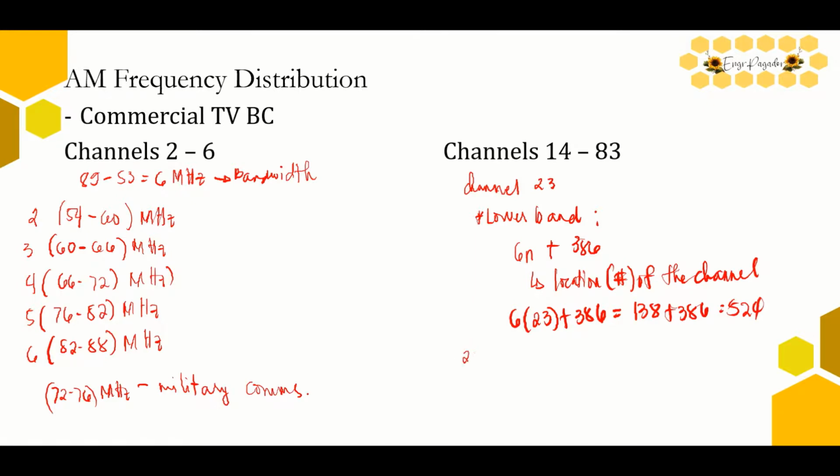So, for channel 23, frequency range will be 524 to 530 megahertz. Okay, so we still have yung 6 megahertz na bandwidth natin for commercial TV broadcasting using amplitude modulation.